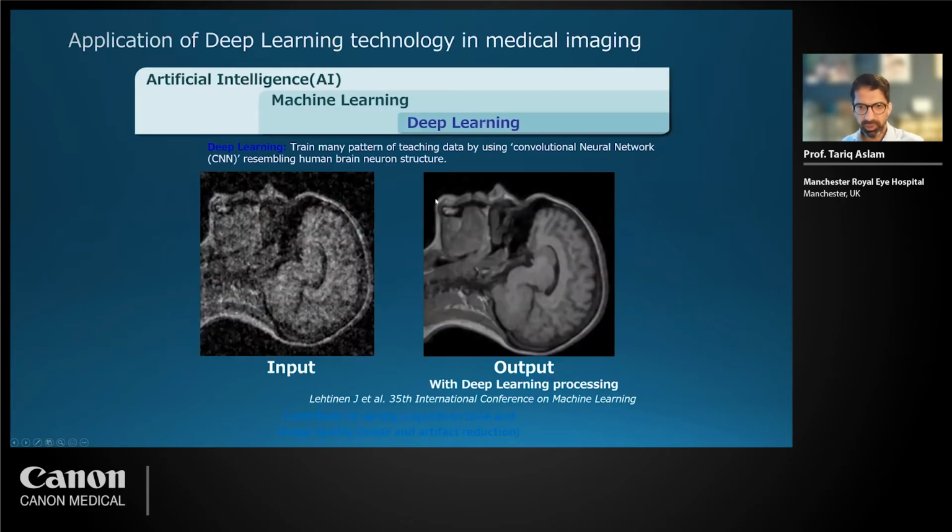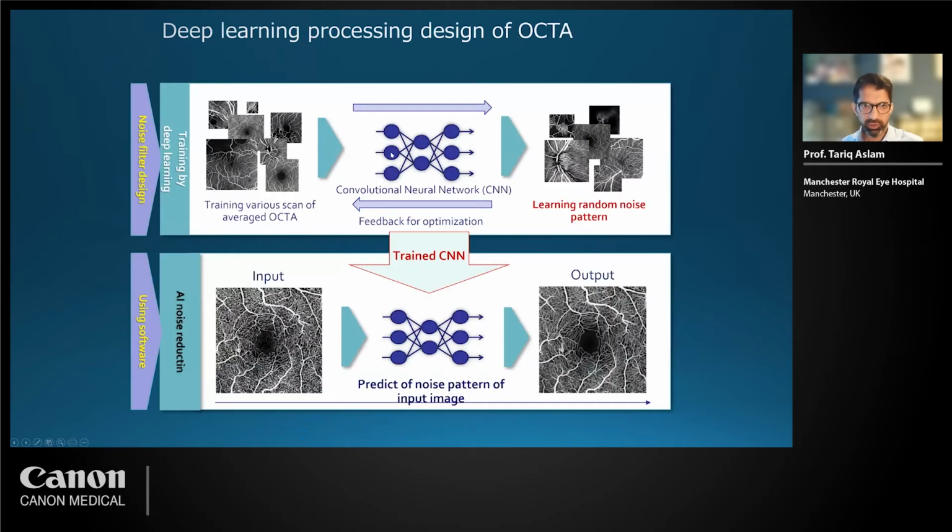And that's a system which is used in other imaging modalities. So here you have a denoising of an MRI image. Essentially what they do in the Canon system is that they have developed a neural network. It's been trained on images of OCT-As which have been averaged to get an absolutely optimum quality.